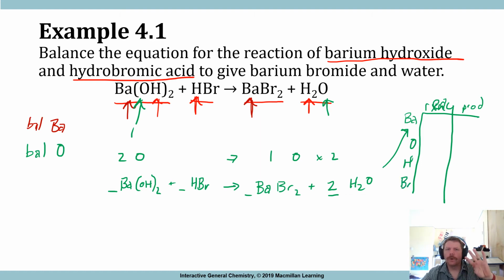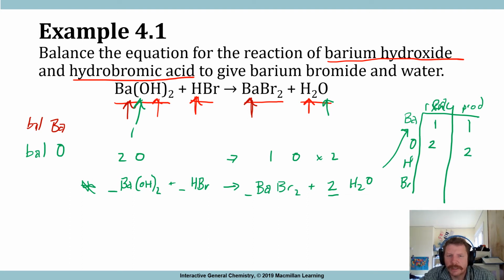So those are my 4 different elements. Is barium balanced? Yes, I've got 1 barium on the reactant side, 1 barium on the product side. Oxygen, I've got 2 oxygen on the reactant side, and how many on the product side? I've got 2 oxygen on the product side.